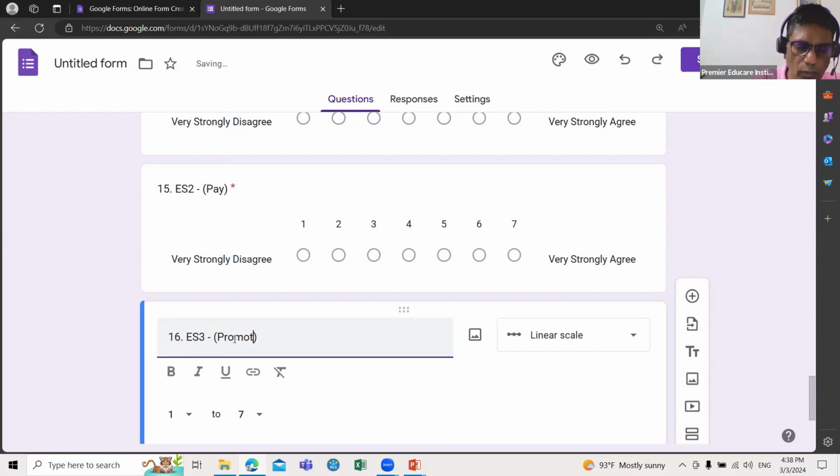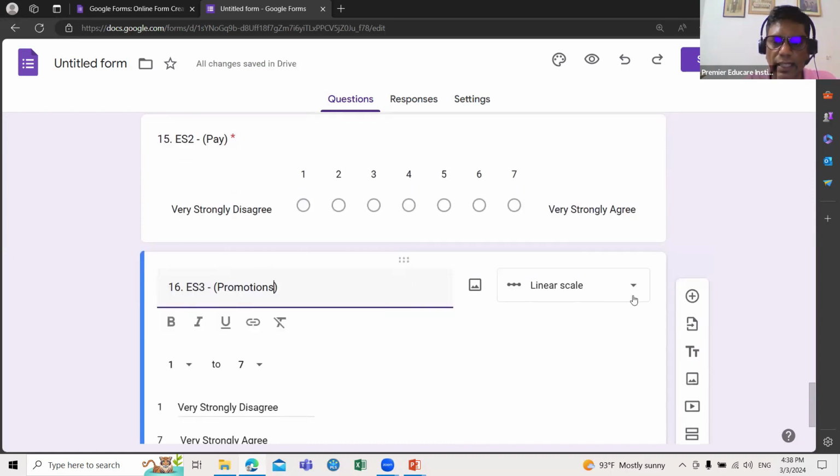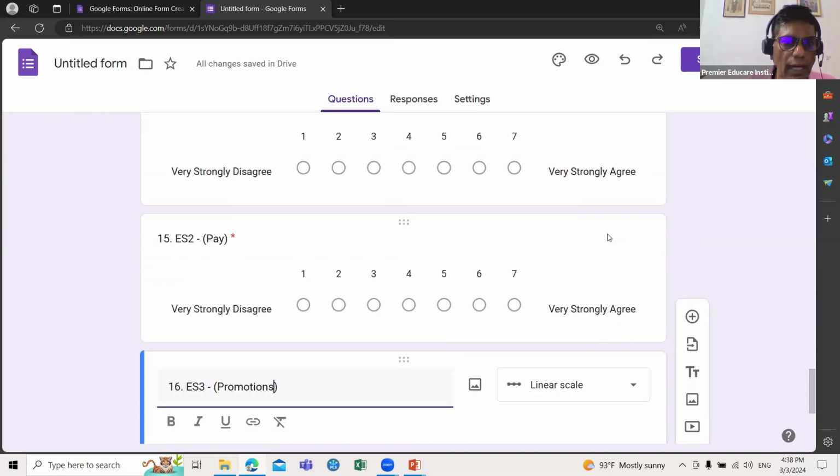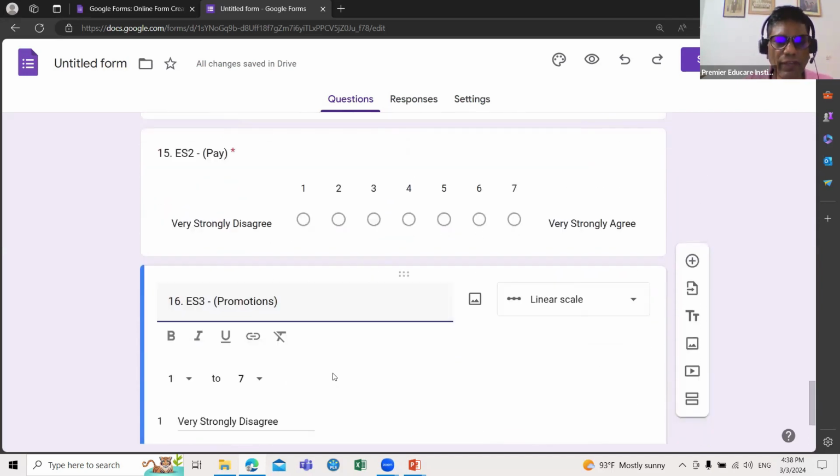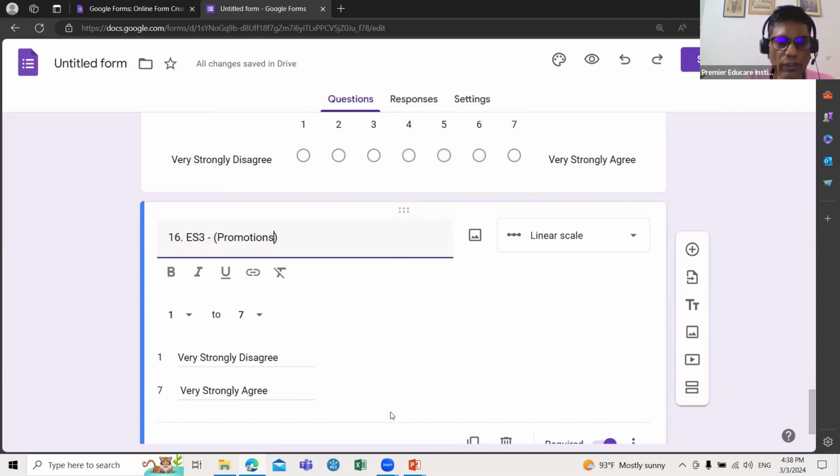So this is again the linear scale, which means you can click only one. But under the multiple responses, you can click on 1, 2, 3, or all together. Here you can click only one option. So this is the very simple questionnaire for this one.